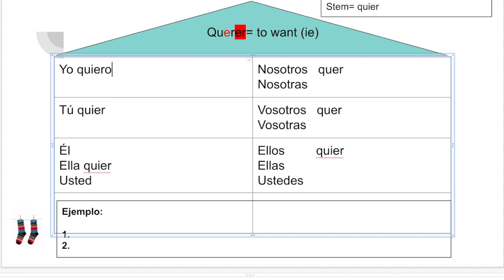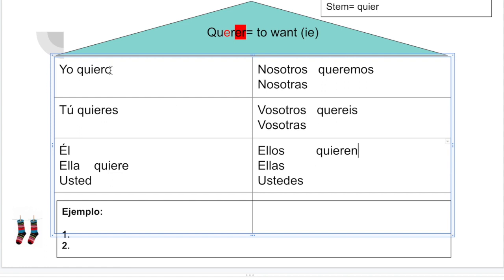O, yo quiero, I want. Tú quieres. Él, ella, usted quiere. Nosotros y nosotras queremos. Vosotros y vosotras queréis. Ellos, ellas y ustedes quieren.